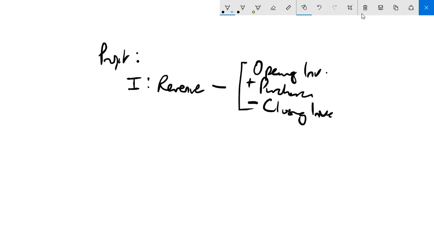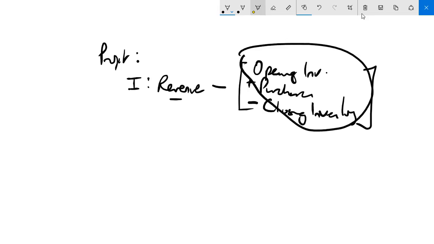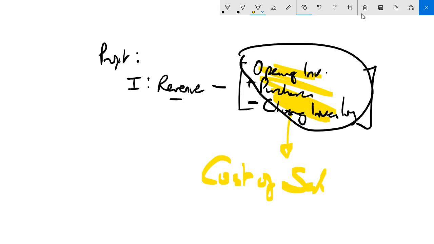This is the only way we will ever find out what the actual profits are. So you have revenue minus opening inventory and all of this whole thing here, and this whole thing here is referred to as cost of sales. And I guess it makes sense. It's saying what is the cost of what you have actually sold, not what you purchased.